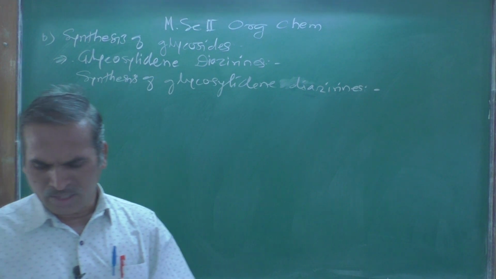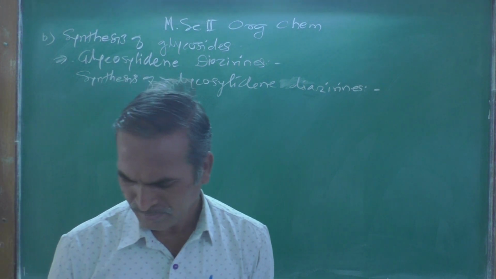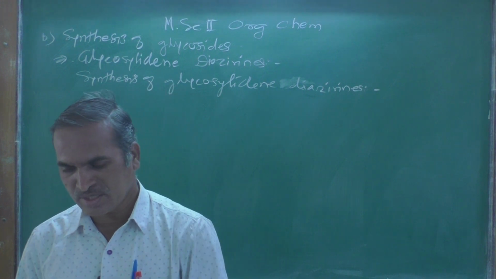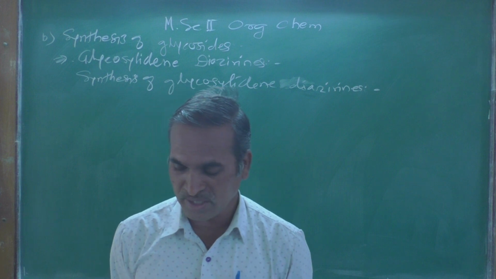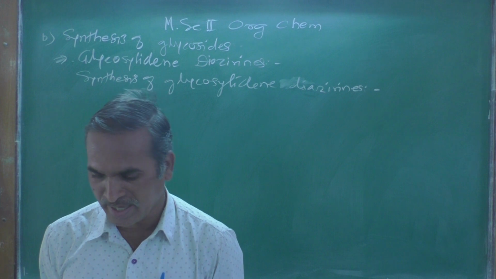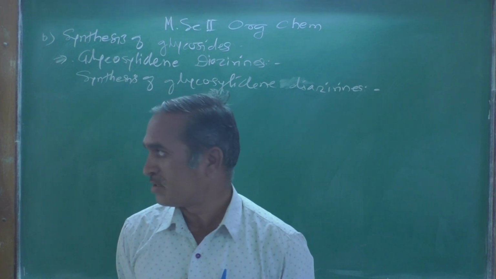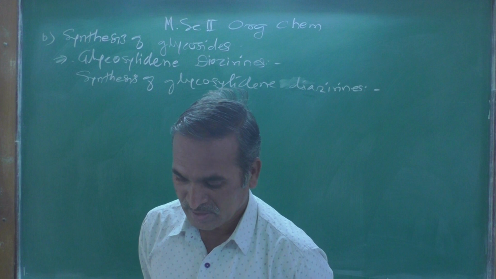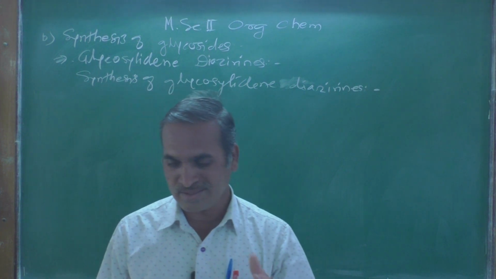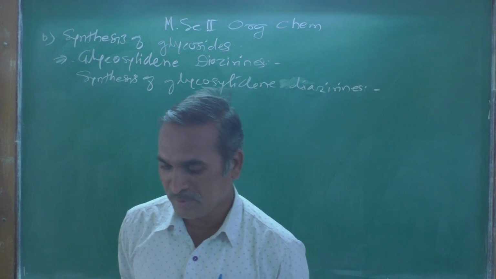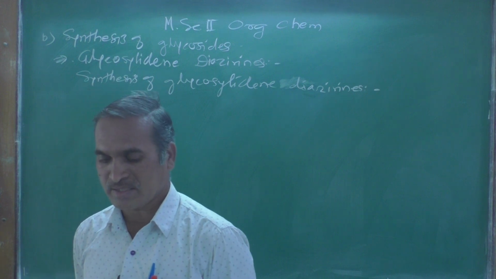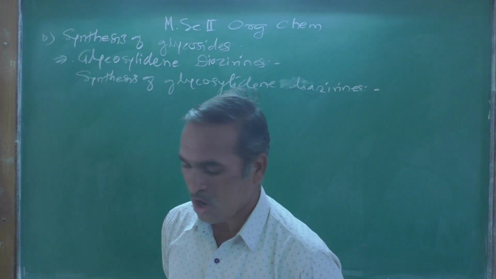Here the original route depicted in scheme 1 for the synthesis of the benzylated glucosylidine diazirine, which is number 7, is still used with minor variations, as evidenced by the preparation of the GLC-N-acetyl derived analog.